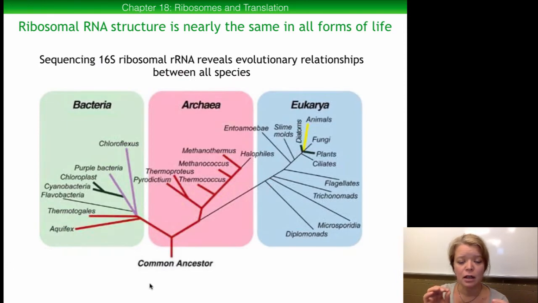In fact, the rRNAs are so similar to each other, and there are slight changes in non-critical locations, that you can trace the relationship of everything that's alive right now based on the sequence of their 16S ribosomal RNAs. It's a very common method of A, identifying a particular species, and B, establishing relationships between two different species.